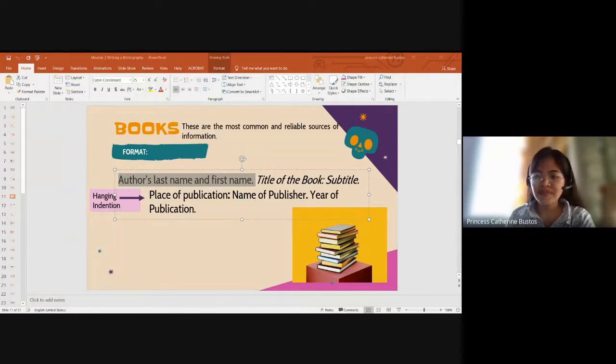Anyone? Bianca? Look at the book you're holding, the one I asked you to hold a while ago, and look for the author's last name and first name. Bianca, are you there or I'll mark you absent?